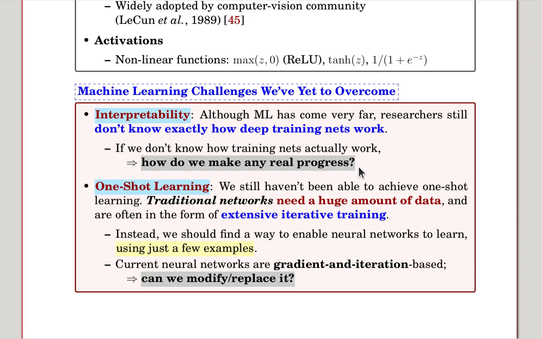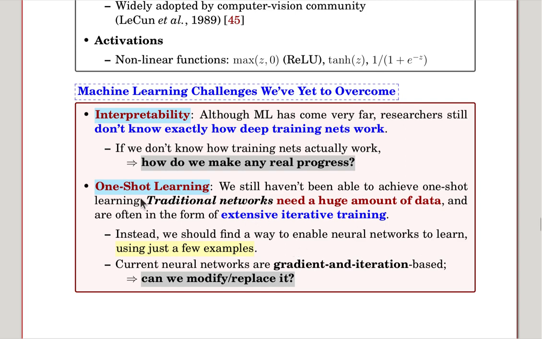Another one, one-shot learning, is basically that we want to train a classification model with just a few data points. Traditional networks need a huge amount of data and are often trained with extensive iterative training. But instead, we should find a way to enable networks to learn using just a few examples.